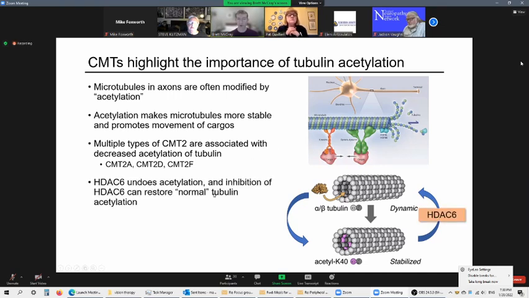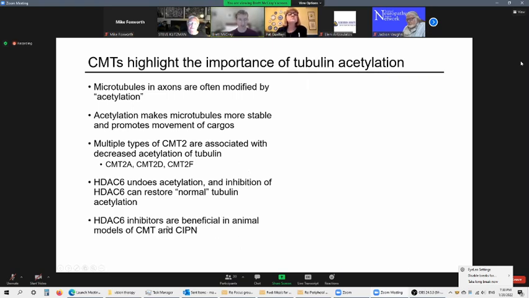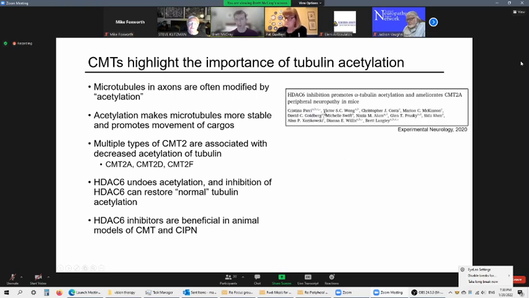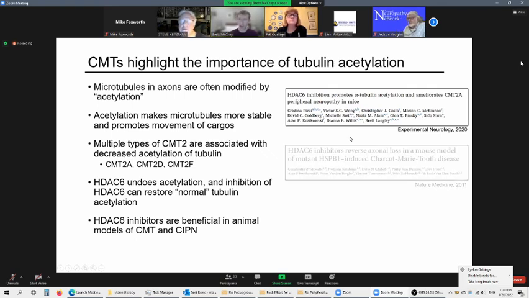And we know a way to boost acetylation is through this gene HDAC6, which, the name is not so important, but the important thing is that there are drugs that can actually manipulate this pathway and counteract what happens in CMT. And so these HDAC6 inhibitor drugs have been tried in animal models. And what they've been shown is that if you inhibit this gene HDAC6 with one of these inhibitors, it can make the mice better if they have CMT2A or other forms of Charcot-Marie-Tooth disease.